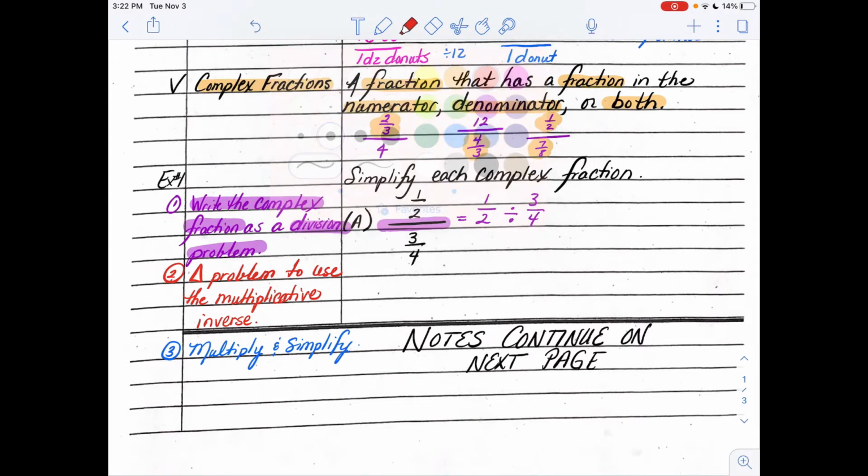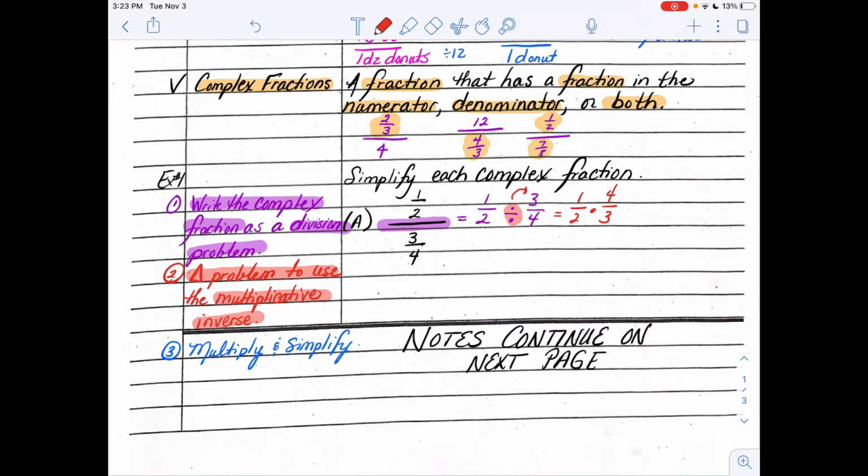Now you see those fractions, and you know I don't ever divide with fractions. I'm going to change the problem to use that multiplicative inverse. Remember, we changed the dividing to multiplying, and then we need to go ahead and change the second fraction here to its reciprocal. So 1/2 divided by 3/4 is really 1/2 times 4/3.